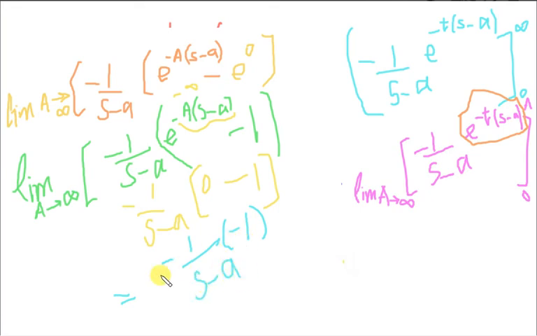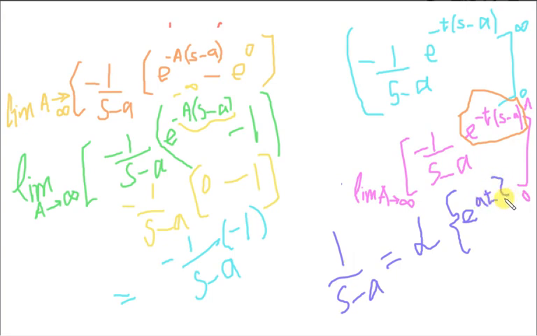This minus will be multiplied by this minus, and this will become positive. So the result will be 1 over s minus a, which is the Laplace transform of e raised to power at.